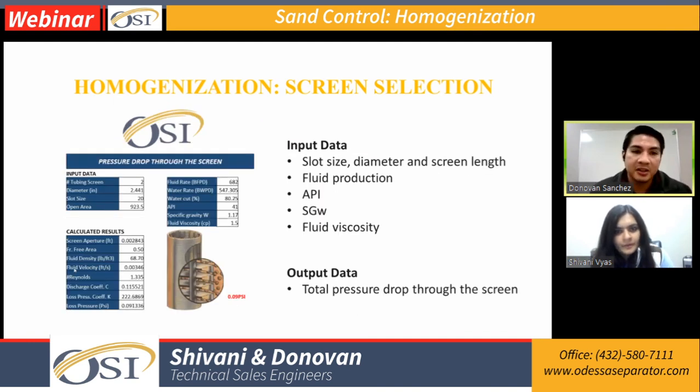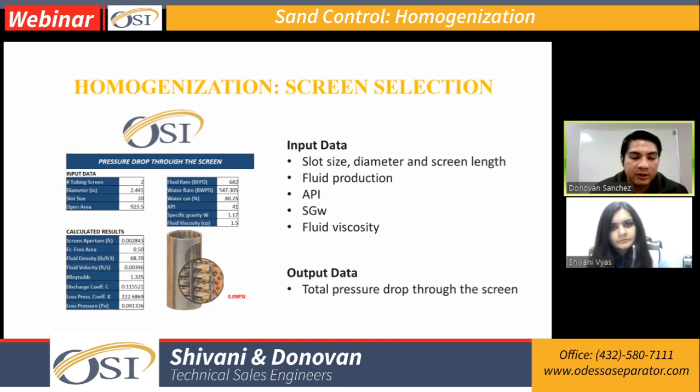Next, we want to calculate the pressure drop through the screen because, as I said before, we're not trying to create more problems than we already have. We're doing this to make sure we're not going to start creating scale in the well. You can see here is our calculator. We like to play around with well characteristics. Our input data will be our slot size, screen diameter, our fluid production, our API, and our specific gravity, which in the Permian Basin is not as big of a factor since everything is usually around the same API.